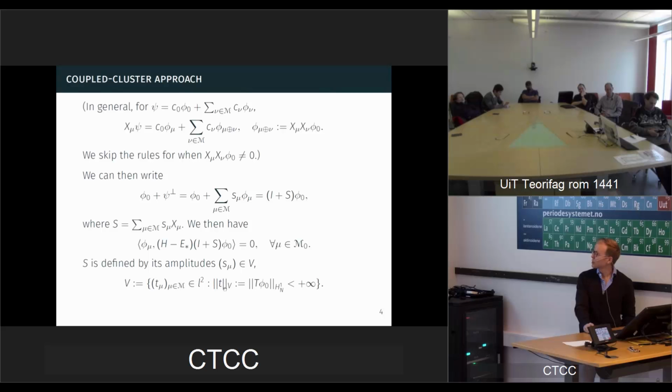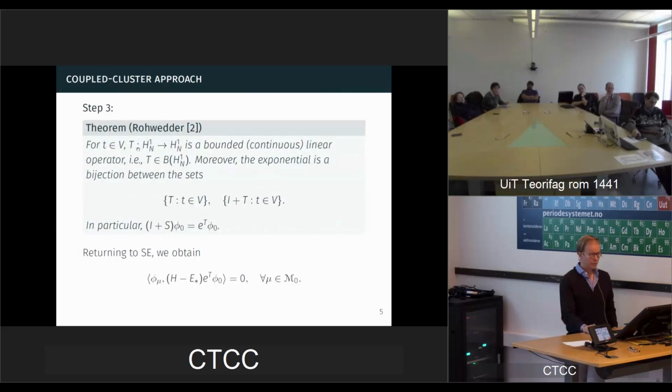This norm is simply defined as we look at the corresponding cluster operator defined by these cluster amplitudes, and then this one needs to be L2 and have finite kinetic energy. So it is in this Sobolev space.